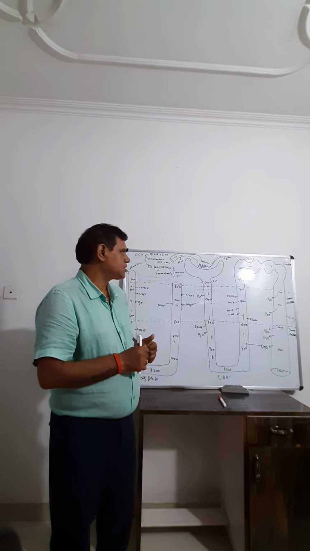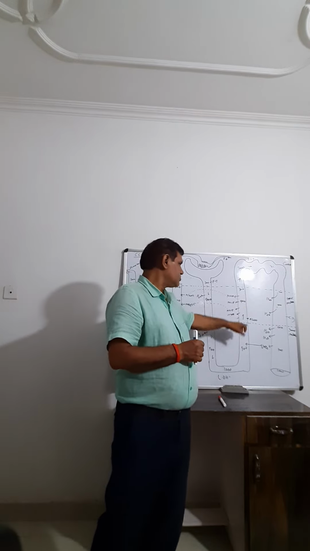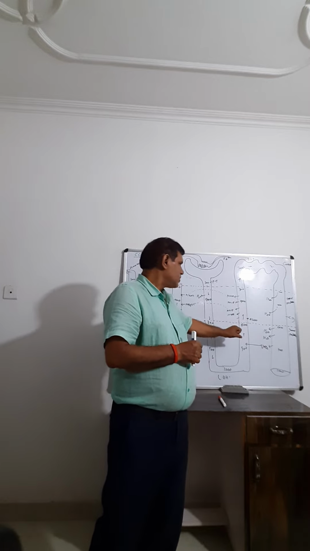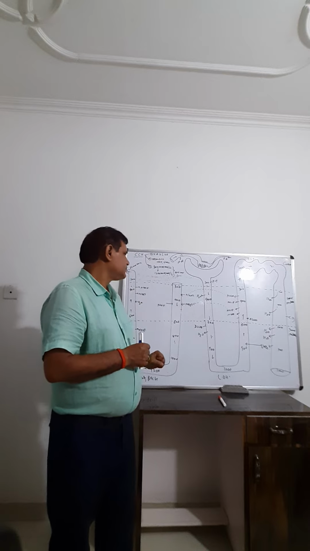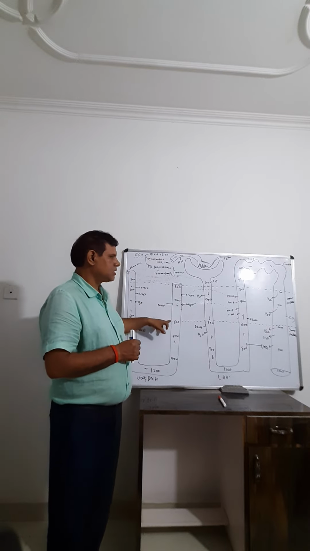And the second is NaCl. NaCl is transported from the ascending loop of Henle to the descending part of the vasa recta.